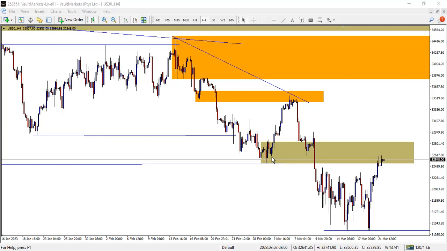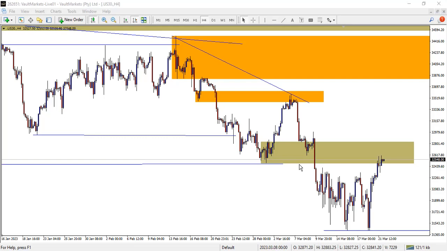So now when you refine your point of interest or your zones, it is important to look at the recent breaks. All right, it is important to look at the recent breaks. So what do I mean by that? This is a recent break here of this first entry, right? This is a recent break of this first entry.